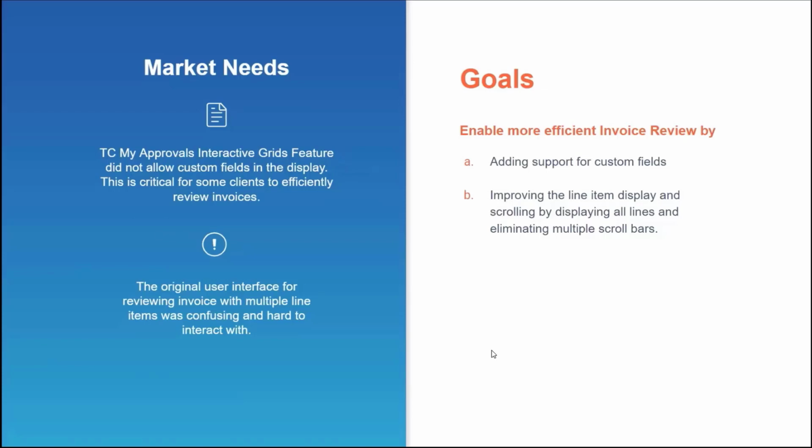And then we've also made some usability enhancements with the way that the scrolling works within the invoice between line items and the invoice overall. We had multiple scroll bars in there, and we have made that a lot more user-friendly.